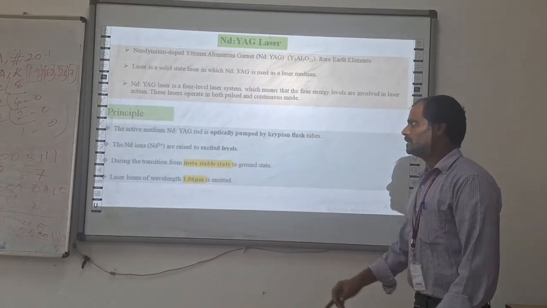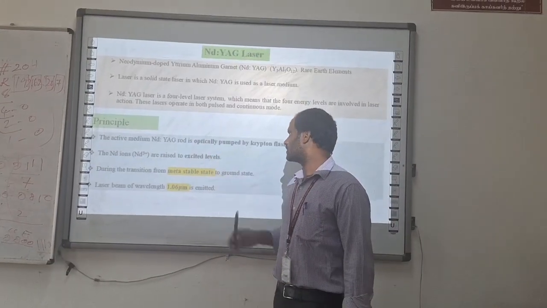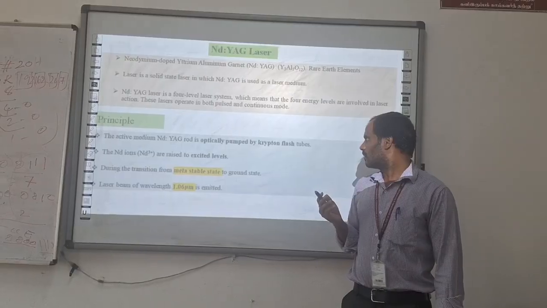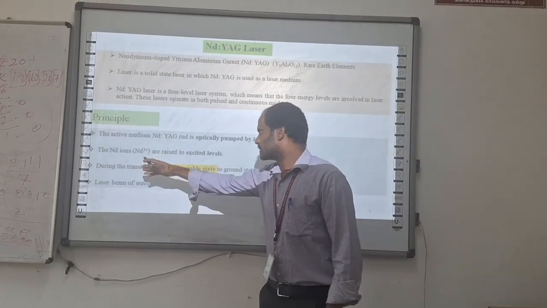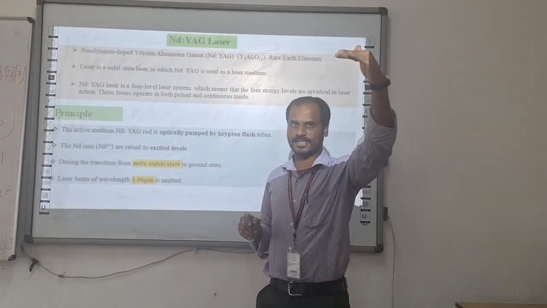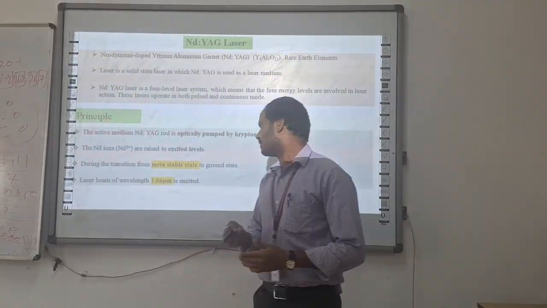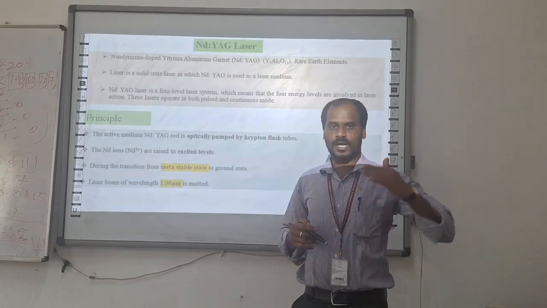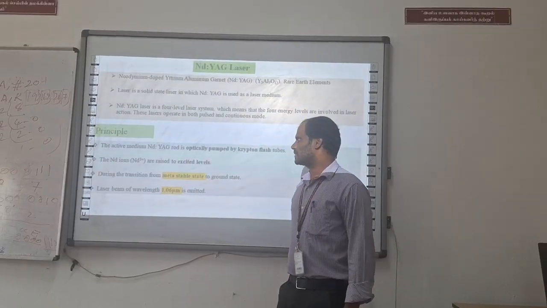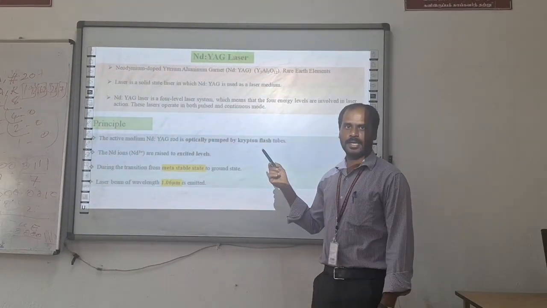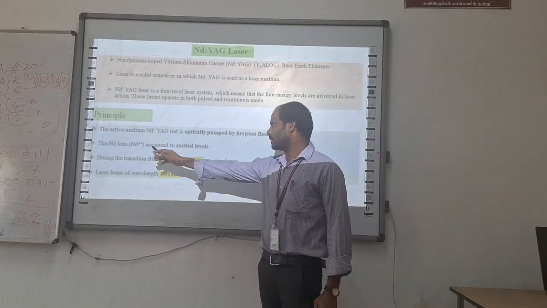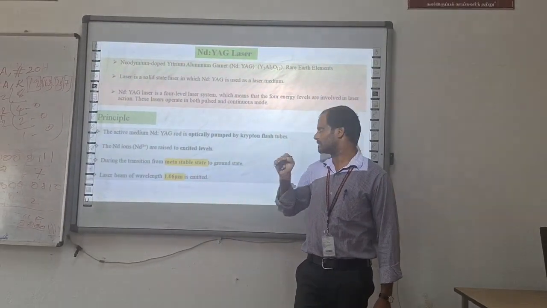Now the principle. In this active medium, the Nd:YAG rod is optically pumped by a krypton or xenon flash tube. The Nd ions rise from the ground state to the excited state level.